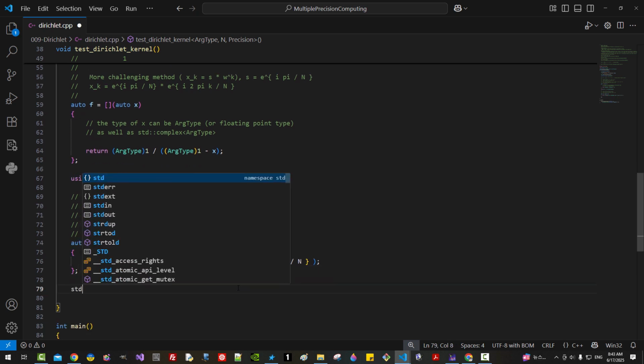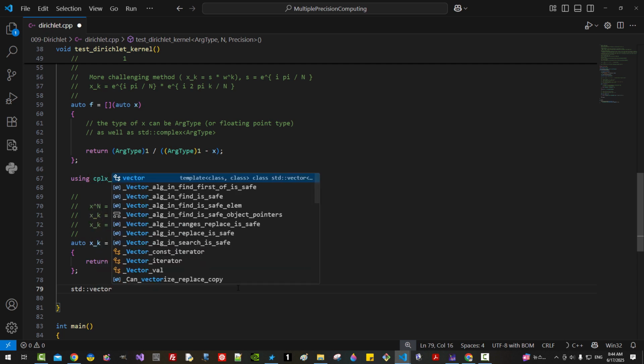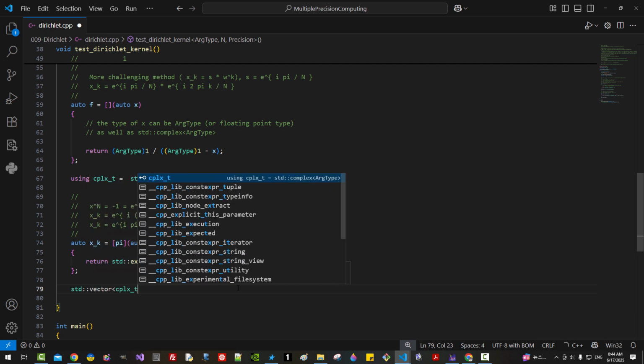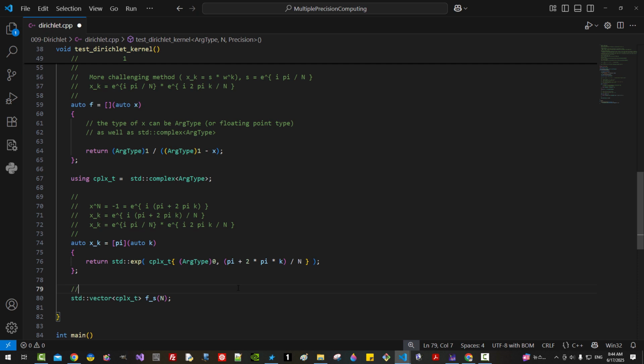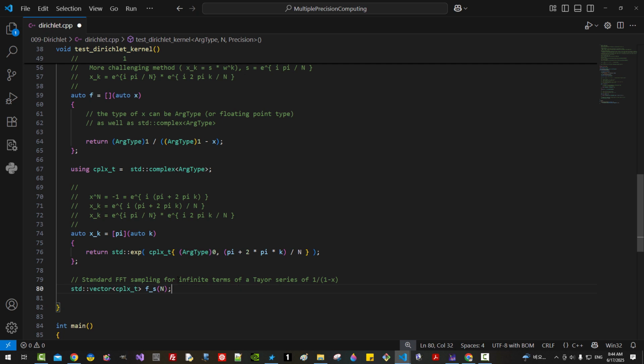Here we declare std vector CPLX T, F S, N. This is for standard FFT sampling for infinite terms of a Taylor series of 1 over 1 minus x. Underscore s represents standard FFT sampling.